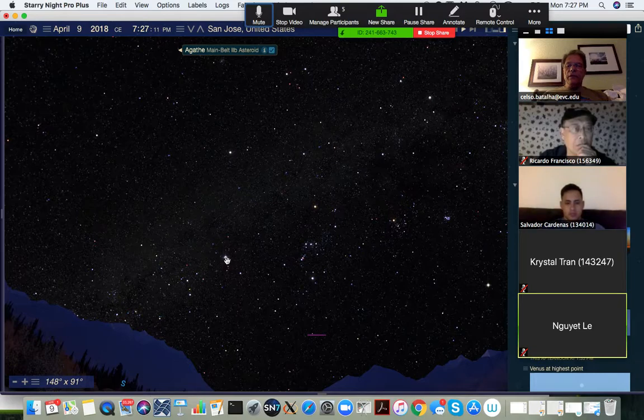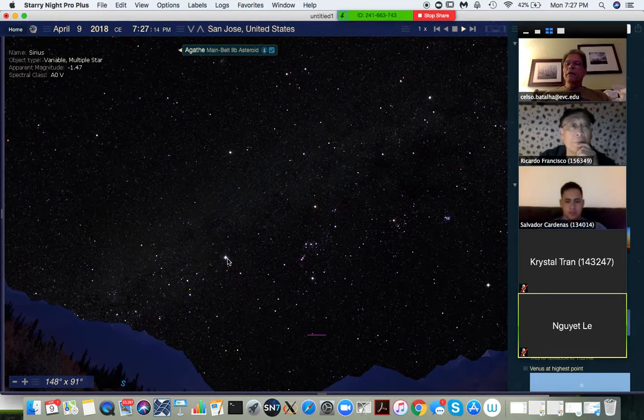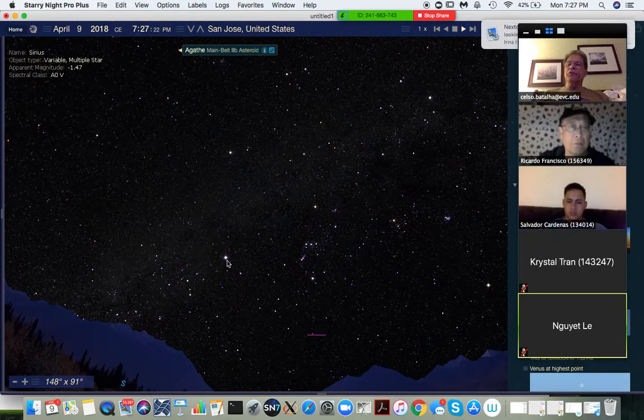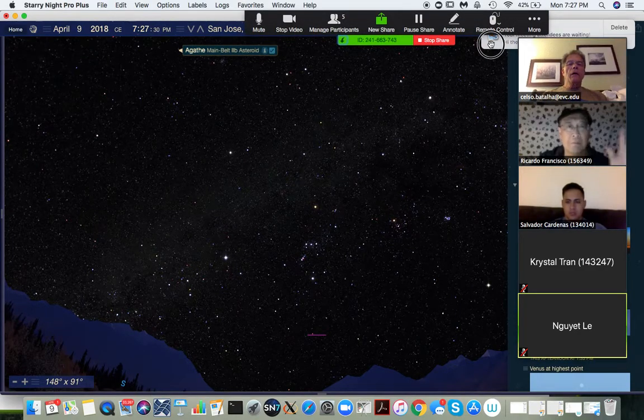So Sirius is right there, a star that is an A star. We are going to study stellar spectral classification, but note the apparent magnitude, the number over there, negative 1.47.